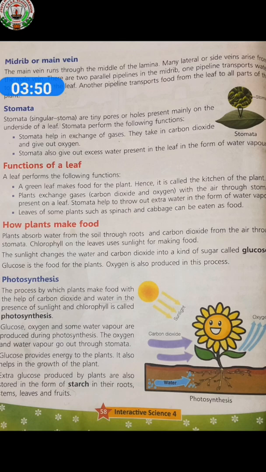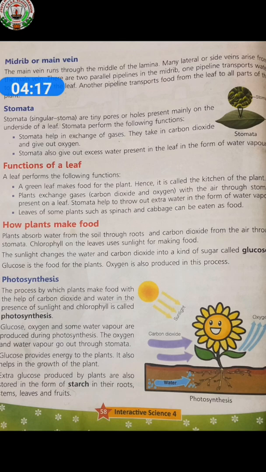Photo is the Greek word for light and synthesis is the Greek word for putting together. So plants need sunlight, carbon dioxide from air and water to prepare their own food. Photosynthesis takes place in the leaves of a plant. Now see children, the book.